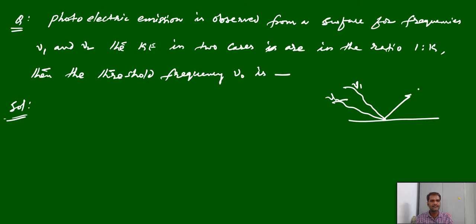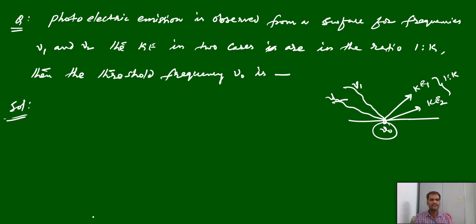In the first case it has some kinetic energy Ke1, and in the second case a kinetic energy Ke2, and the metal has some threshold frequency nu0. We don't know the values of nu1, nu2. We have to find the relation with respect to the incident frequencies and kinetic energy. And here the relation between Ke1 and Ke2 is given as 1:k.